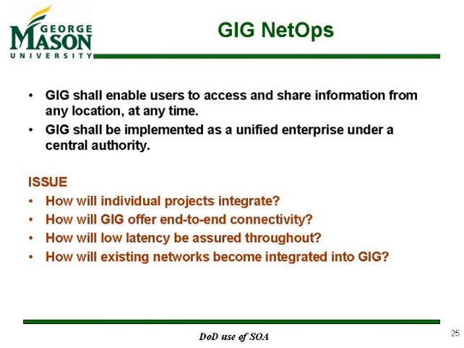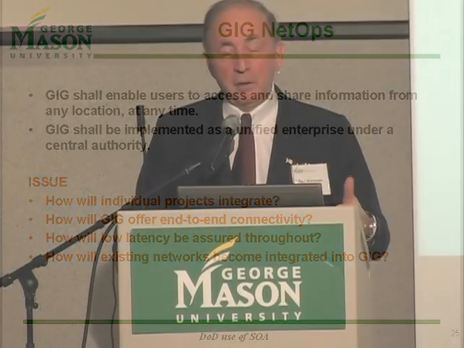So the question is, how will the projects come in from private networks into a shared network? Most importantly, the GIG does not provide end-to-end connectivity right now. You know, the last mile, the last drop. So the question is, how do you assure local connectivity?